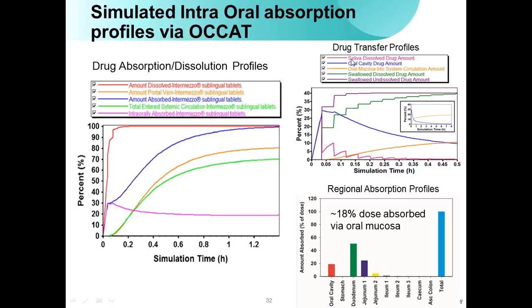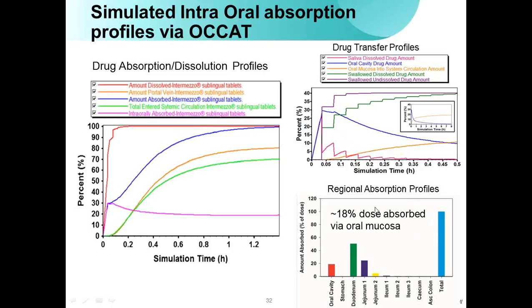You can see that the drug can be swallowed, and both dissolved and undissolved drug amounts can be swallowed into the stomach. You can see this stepwise increase of the accumulated swallowed drug amount, and also the amount of drug dissolved in the saliva will decrease.